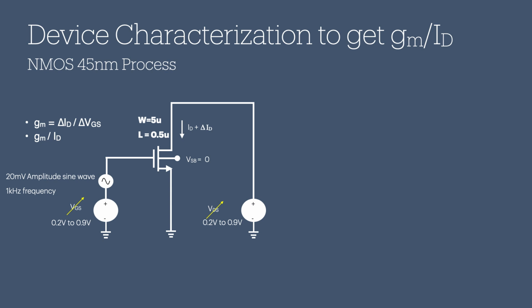A reasonable value for VGS is 0.2 volts to 0.9 volts, because this range covers the below threshold or sub-threshold region, and also includes VGS values greater than the typical VTH value of 0.7 volts. Similarly, for VDS, the drain-to-source voltage range from 0.2 volts to 0.9 volts covers the typical voltage headroom allocated for a transistor in analog ICs.